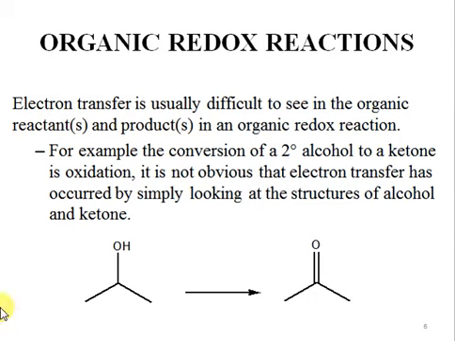For example, let's see this interconversion. Here we are converting a secondary alcohol to a ketone. We say that the ketone is the more oxidized form, but we cannot say how the electrons are flowing because there is no positive or negative charge.